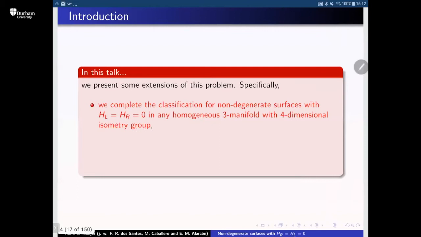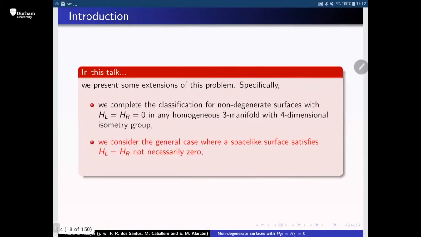Later on, I will show some properties in the general case where a space-like surface satisfies that both mean curvature functions coincide, but are not necessarily zero. We get some results on the geometry of such surfaces. We cannot yet classify them, but at least we can say something about them.